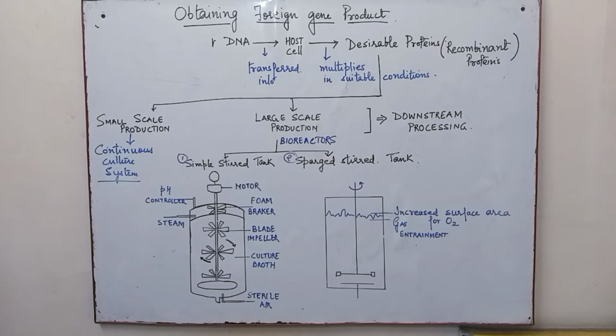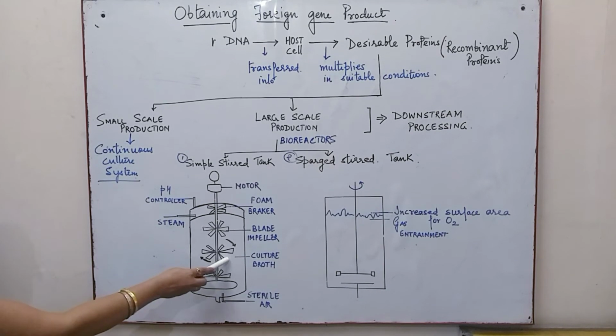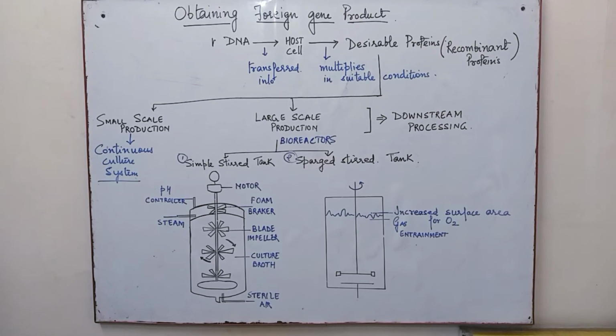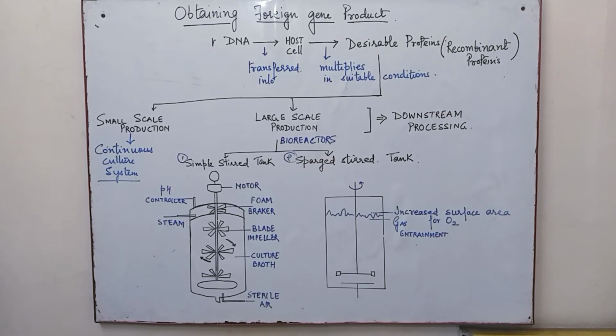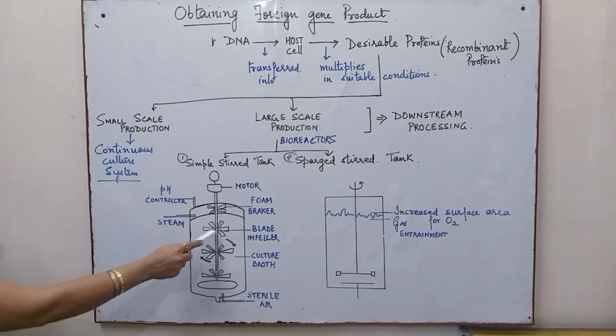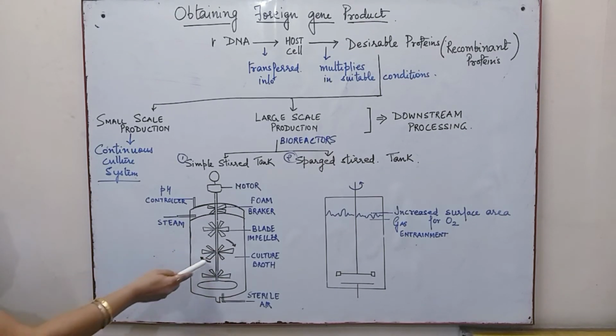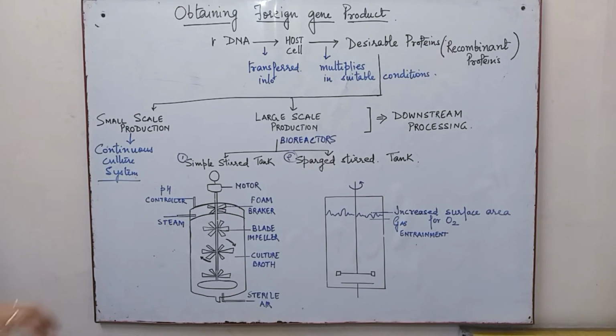That means it can allow the agitator. The agitator helps in even mixing of the oxygen available, because the sterile air is continuously being put in through this. So this is the rotator, and this enables the blade, that is the blade impeller. The blades are continuously rotating, so this allows even mixing of the components.